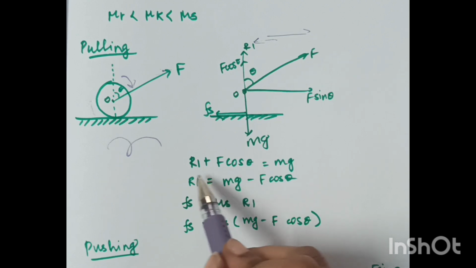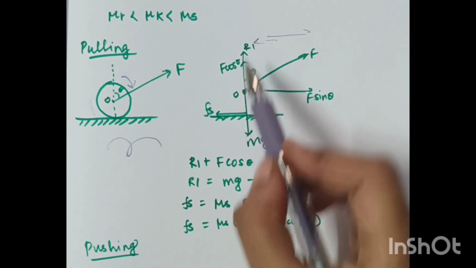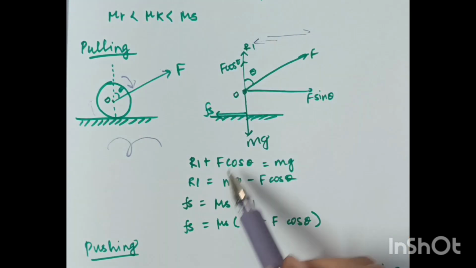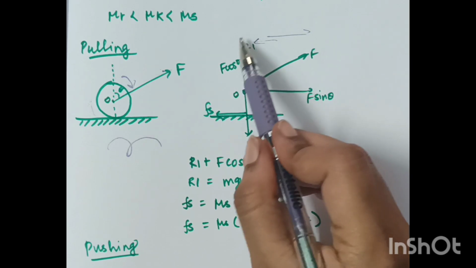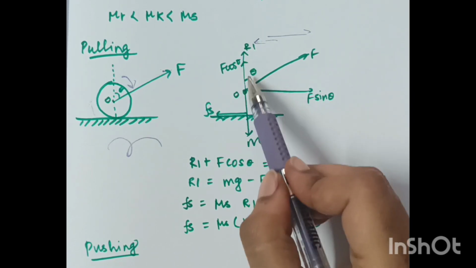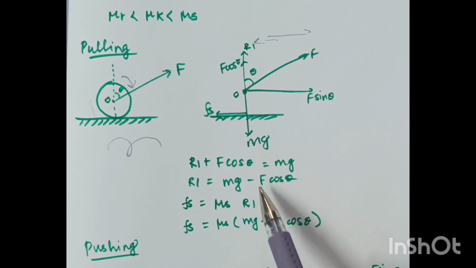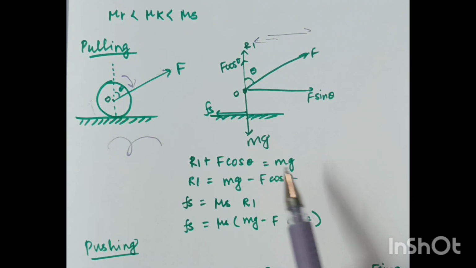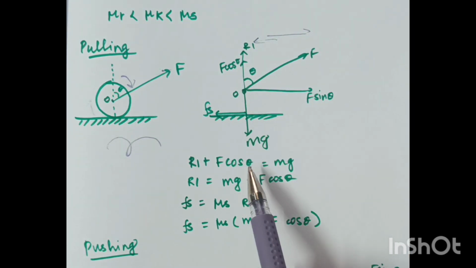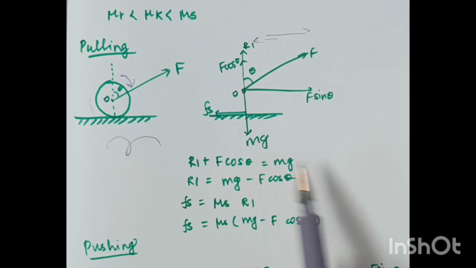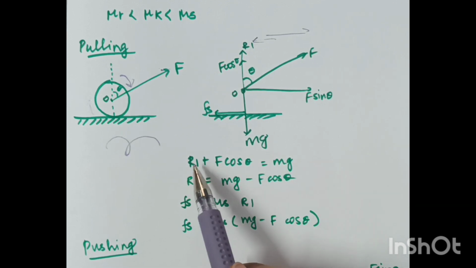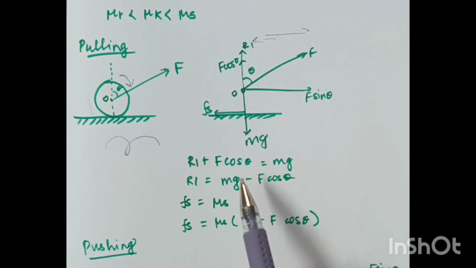Now let us frame the equations. Along the vertical, R1 is acting vertically upwards, and F cos theta is acting vertically upwards, and mg is acting vertically downwards. So these forces balance each other. The sum of upward forces is equal to the downward force. So R1 plus F cos theta equals mg.